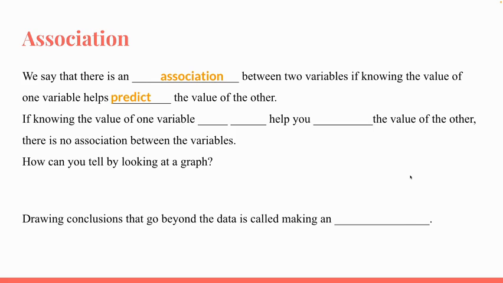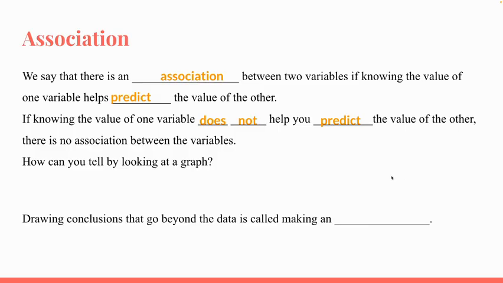If knowing the value of one variable does not help you predict the value of the other, there's no association between the variables. So we did association back in middle school and in algebra. So we're kind of looking at the same, seeing does one help predict the other.